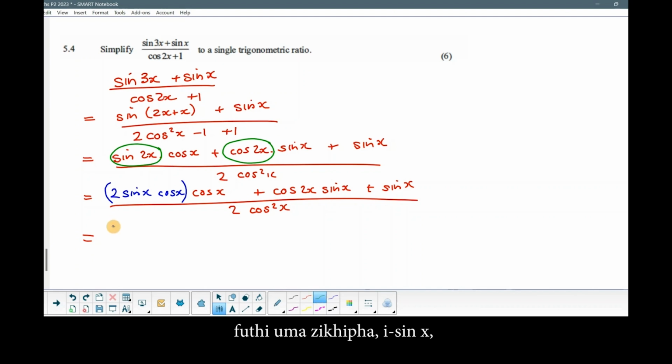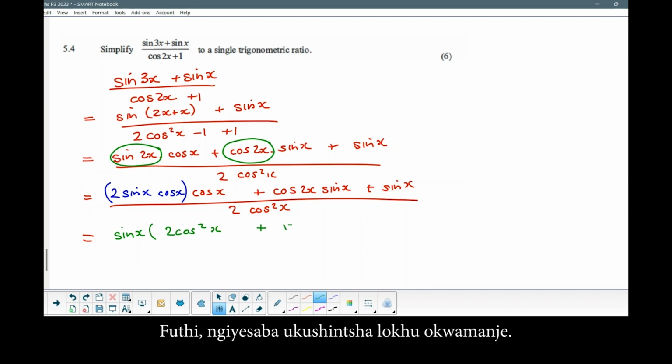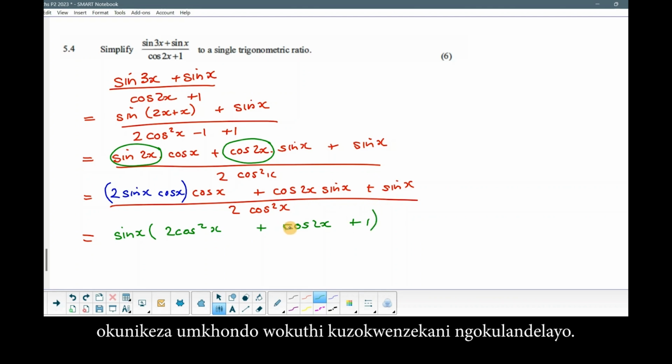And if I take out a sine x, then I'm left with the 2 and the cosines. So that's 2 cos squared x plus cos 2x. Again, I'm scared to change this one just yet. So let's see what happens. And then sine x becomes plus 1. That gives me a little hint of what's going to happen next.